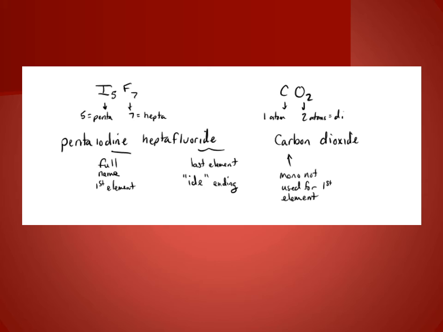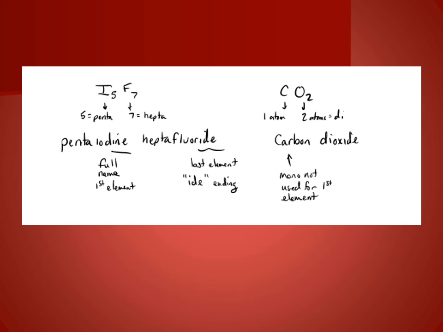Okay, here is going from a formula to a name. So, what do we have? I5. 5 is a prefix penta. 7 is hepta. Remember, the first element gets its full name, so pentaiodine. If you want to drop the double vowel combination, then you could say pentaiodide. I'd drop the A, keep the I for iodine, and say pentaiodine.